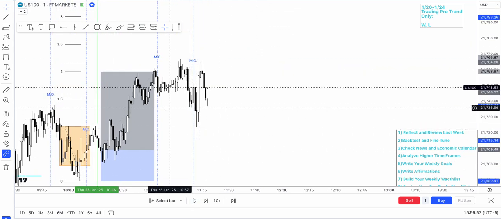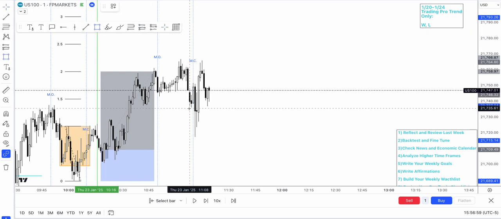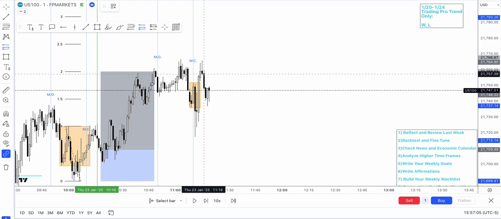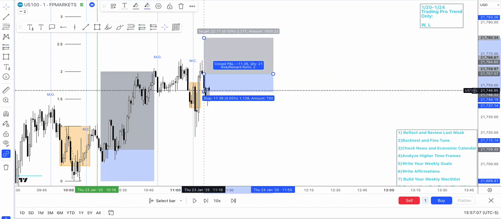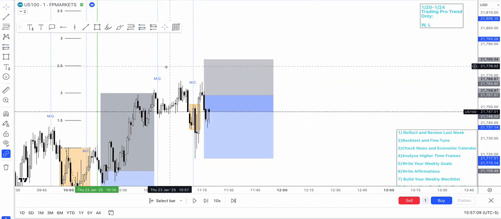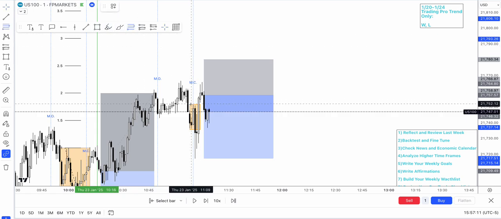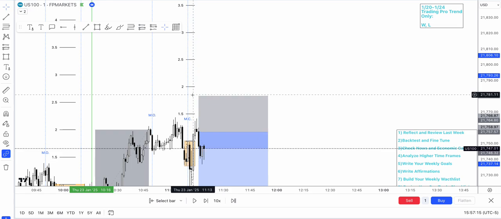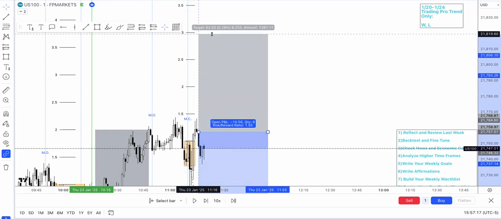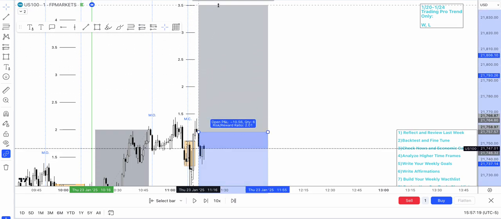Here there might have been another setup. This would have been the last trade of the day, just based on how I trade. So we'll set entry right there, I'd say. Right there for the entry.